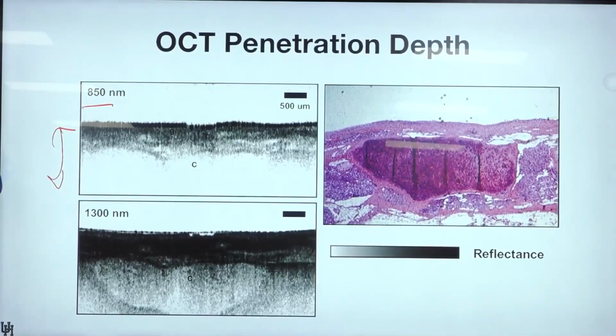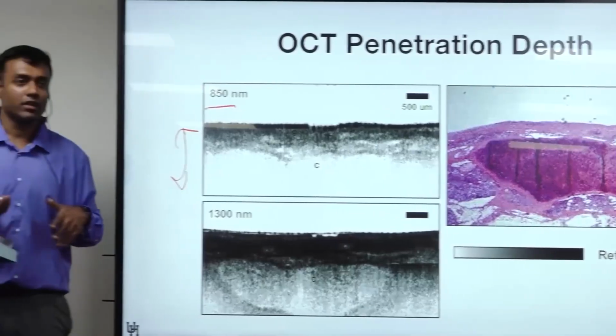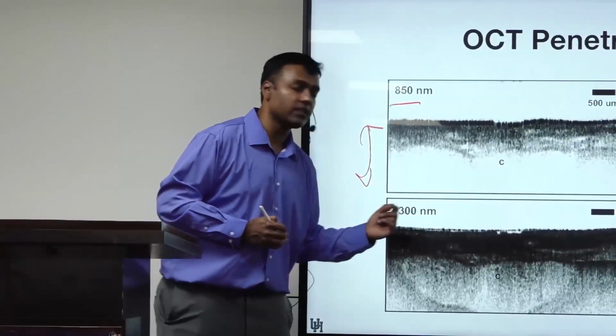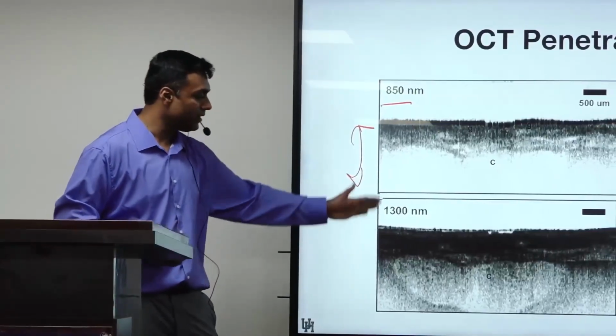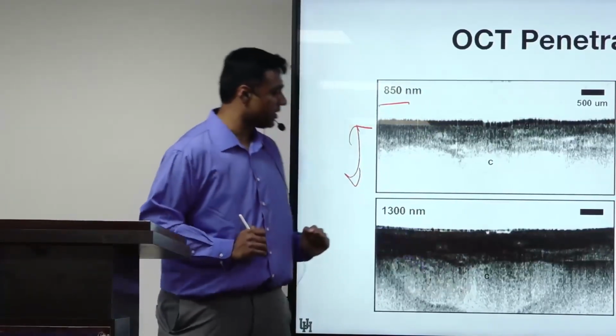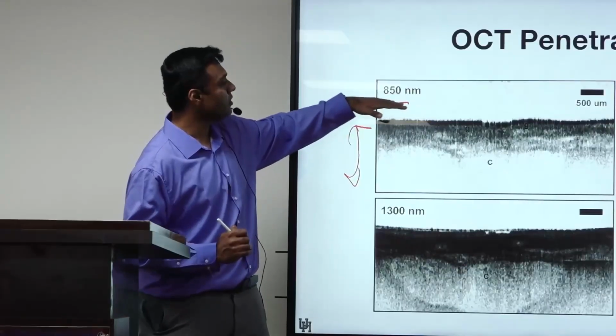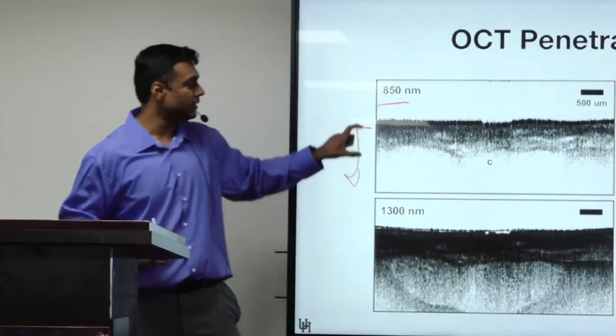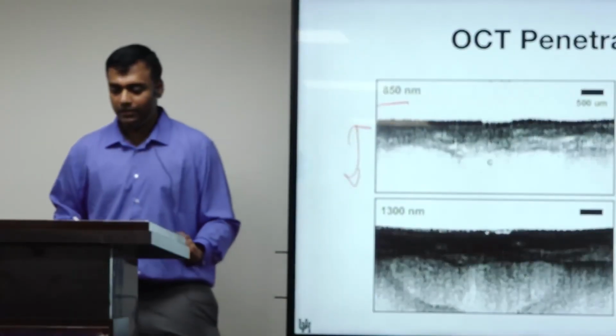If light scatters away from the top, then it doesn't go far below. So if you use 1.3 microns or 1300 nanometer light, which is longer wavelength, you can get deeper images. And with 850 nanometer wavelength, you get shallower images.